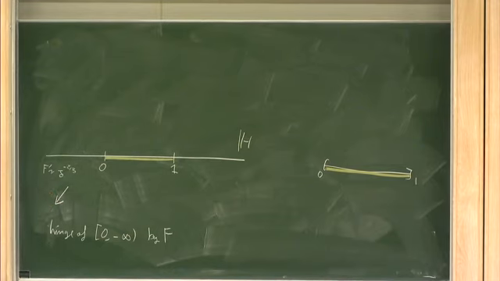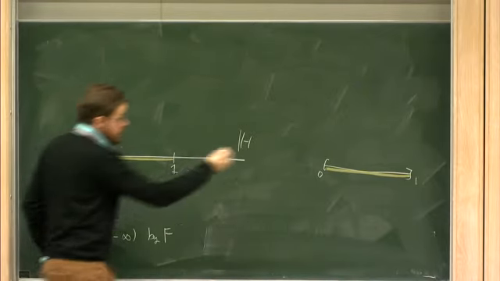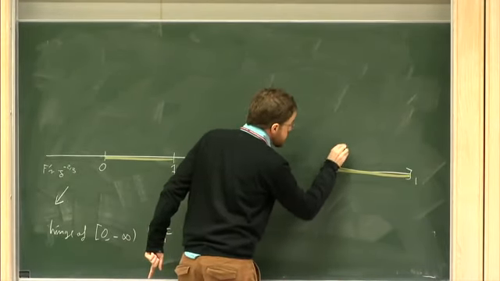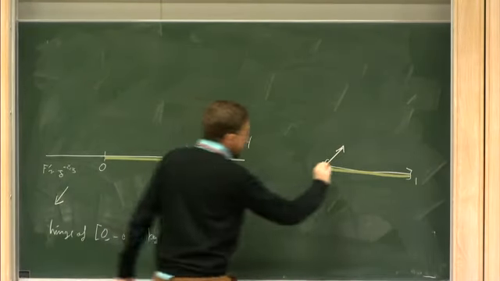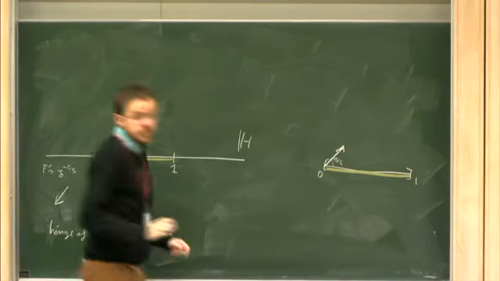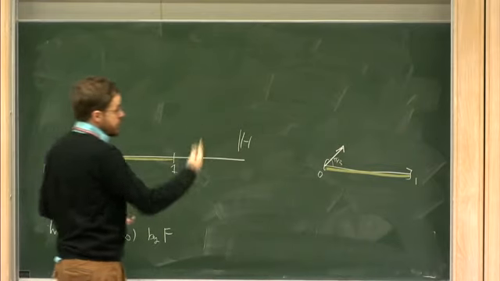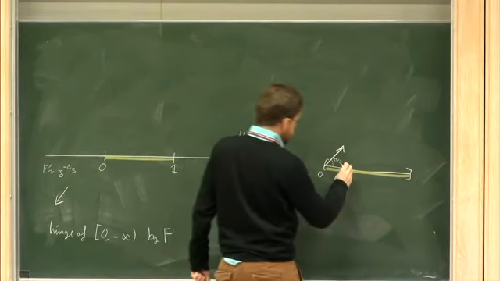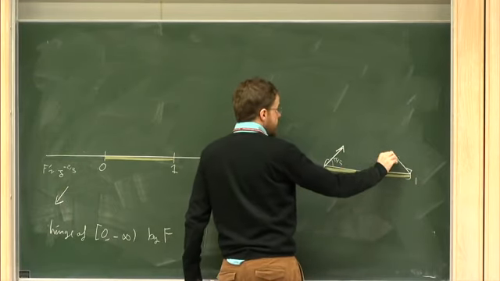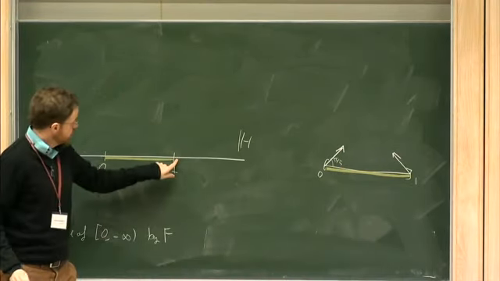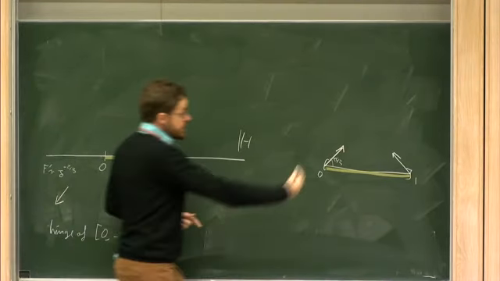So on the right, you will actually go in this direction, where this is pi over 3. It's just a computation of the angle, and the argument of f prime is constant in this half line. So the direction in which you are going is constant in the image of this half line by f, and it's exactly this pi over 3. So you go in this direction. So similarly here, the image of 1 to plus infinity will go in this direction.